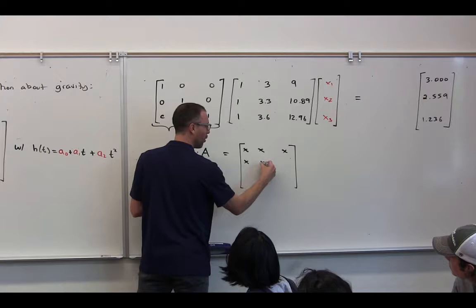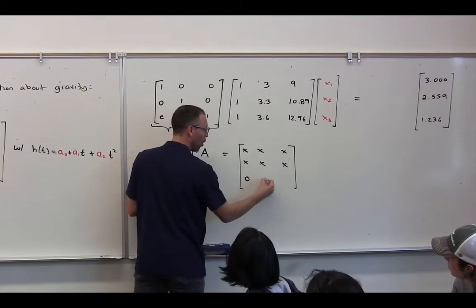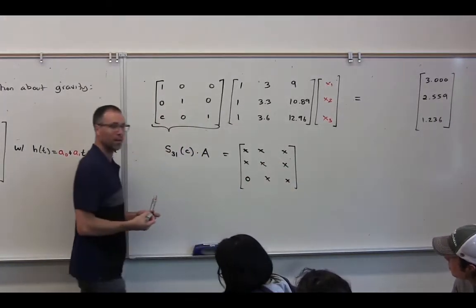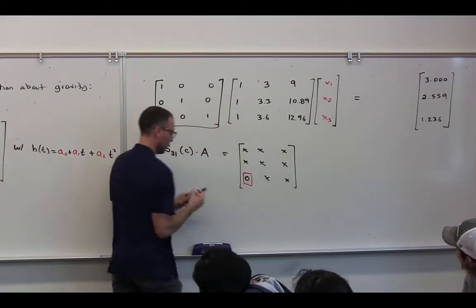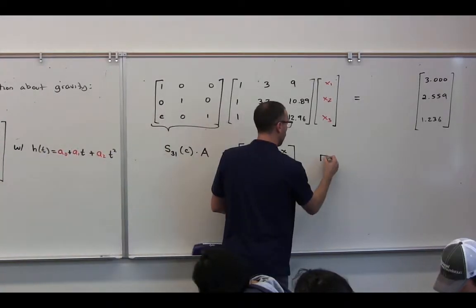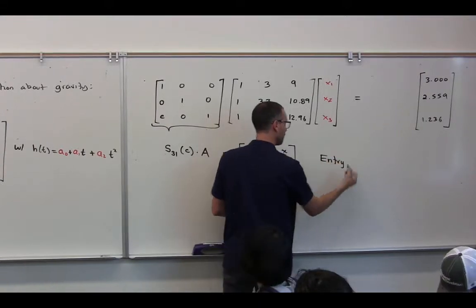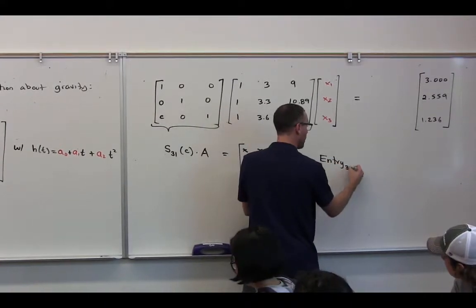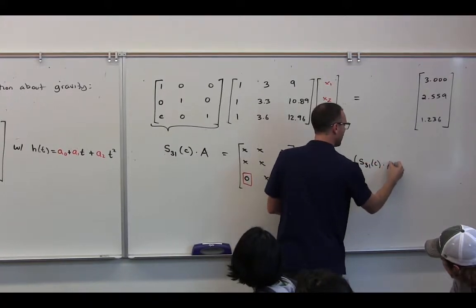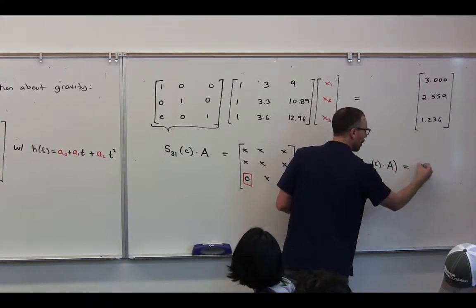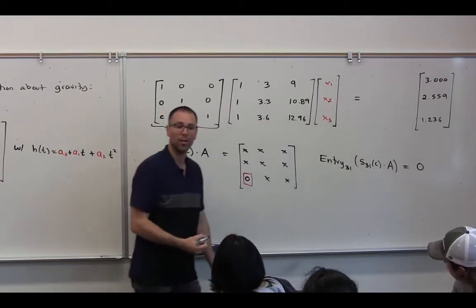We don't really care what any of these are, but we for sure want a 0 right there. So let's target this. This is where algebra comes in. What entry is that? Entry 3,1 of the product S31 of C times A. We for sure know that we want that entry to be equal to 0.